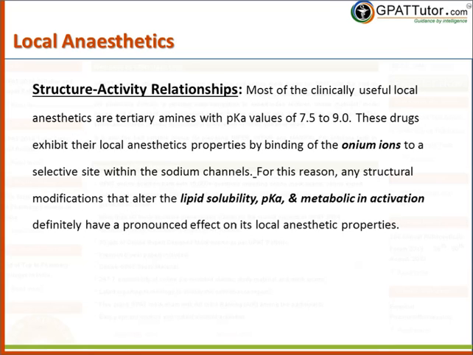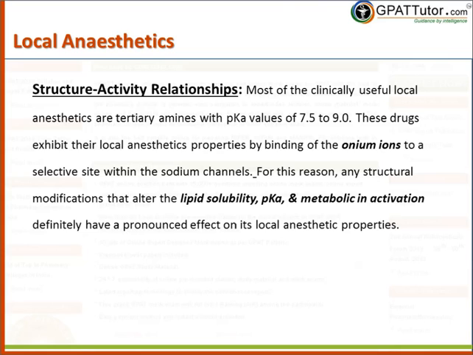Coming to the structure activity relationships of local anesthetics, most clinically useful local anesthetics have a tertiary amino group of hydrophilic nature. Because of the tertiary amino group, they have pKa values of 7.5 to 9. The main component responsible for the local anesthetic property is the formation of onium ions, and these onium ions bind to a selective site within the sodium channels in the neurons.